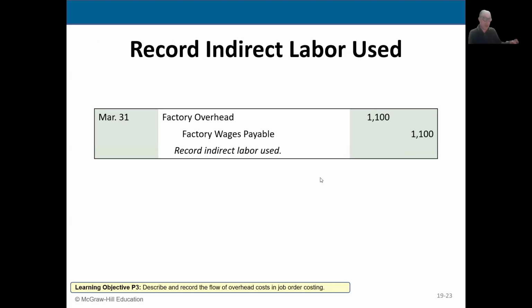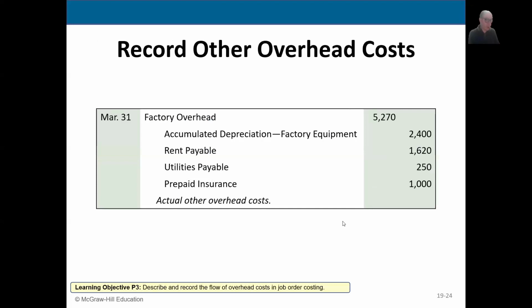For wages, I debit factory overhead and credit factory wages payable to record indirect labor used. And then the other amounts, I debit factory overhead, and I credit things like depreciation expense, rent payable, utilities payable, and prepaid insurance, etc. Those are the adjusting entries I make.